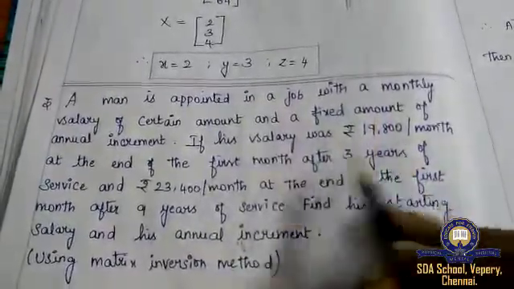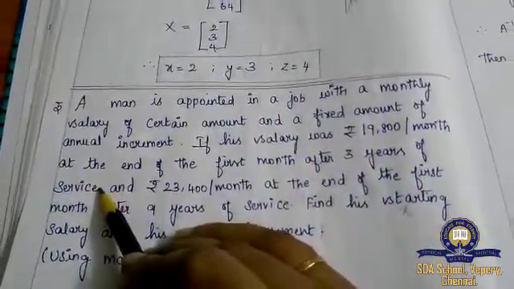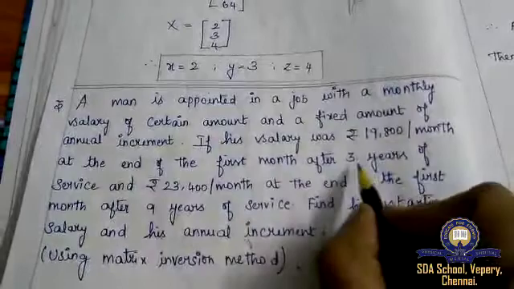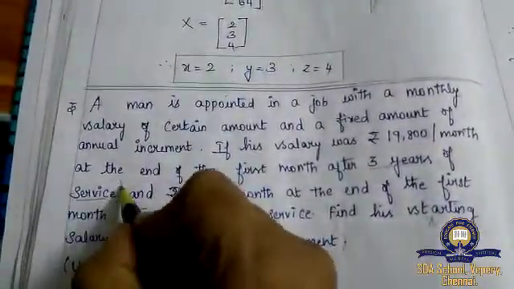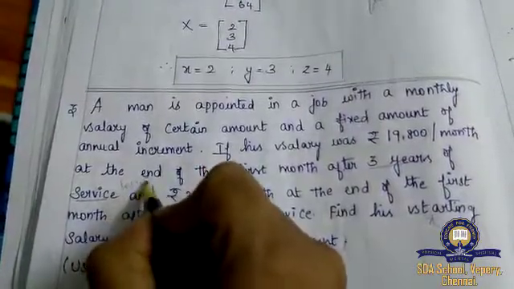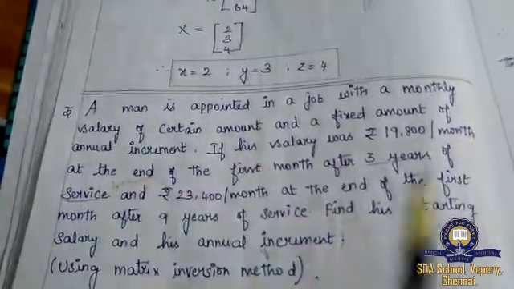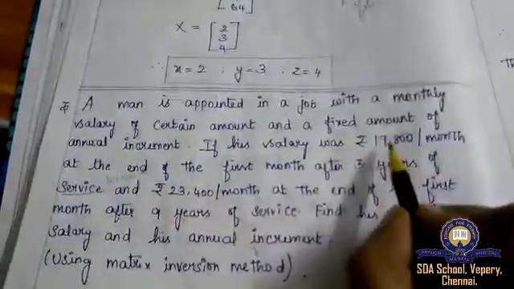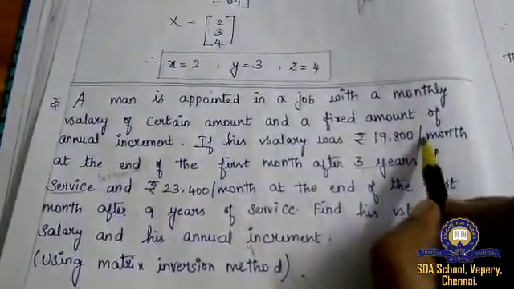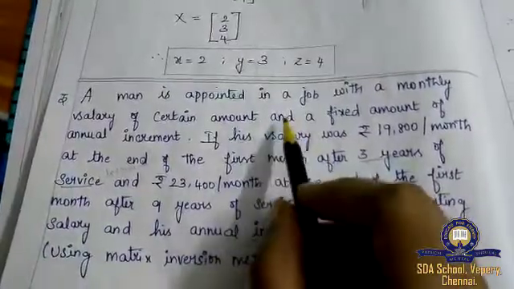So after 3 years of service, what does this mean? They will get an increment after 3 years. So after 3 years, he'll get the increment, and the salary is 19,800.